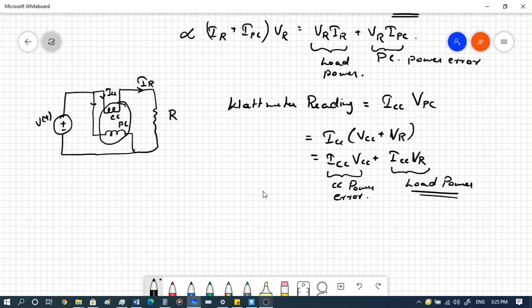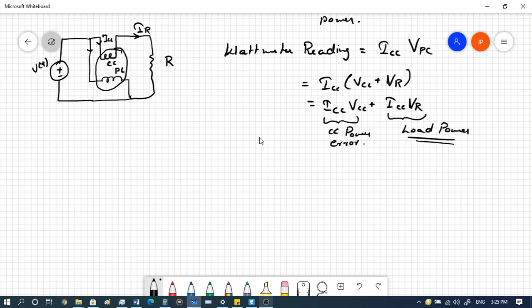But that is not the case every time, so we need to do something in order to compensate this, right? So let's look at how this compensation can be done, to get a better circuit, a better measurement, right?